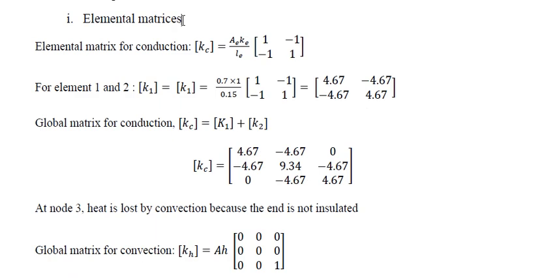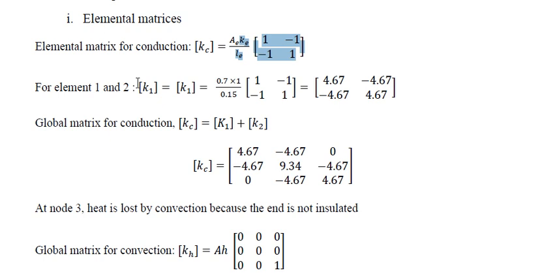Now what are the elemental matrices? There are two things once again: conduction plus free end convection at the right end. So the conduction matrix is given as Kc is equal to A K by L into [1 -1; -1 1].